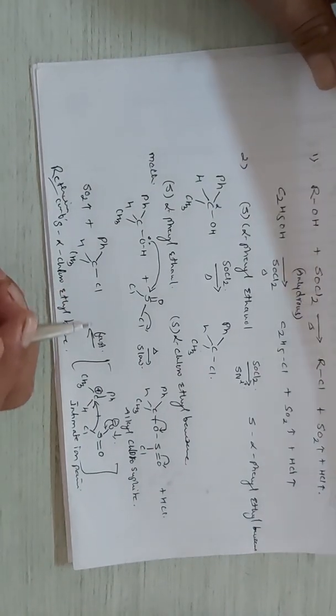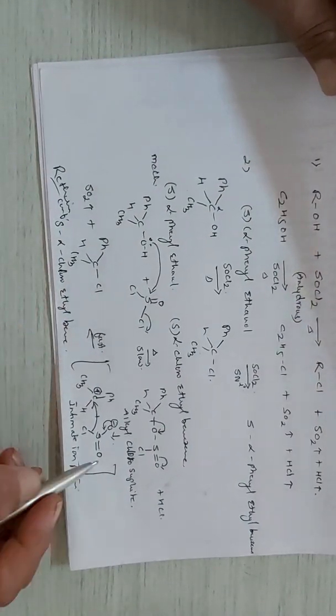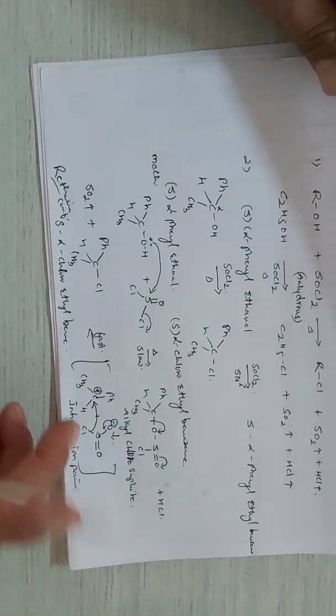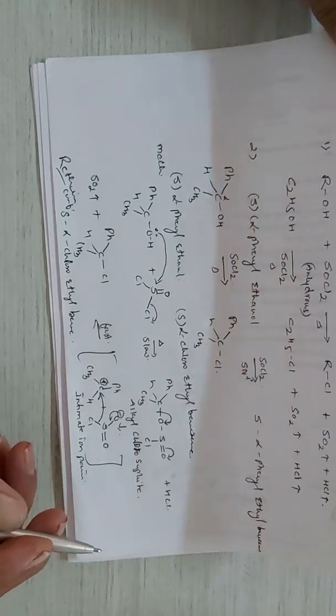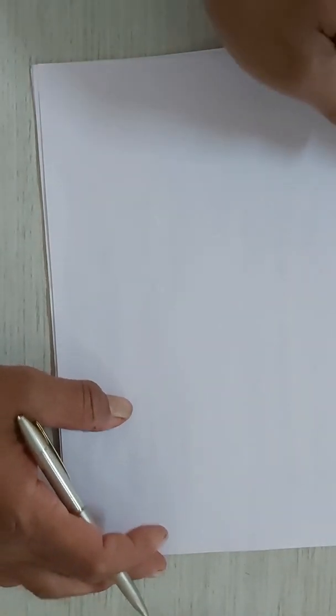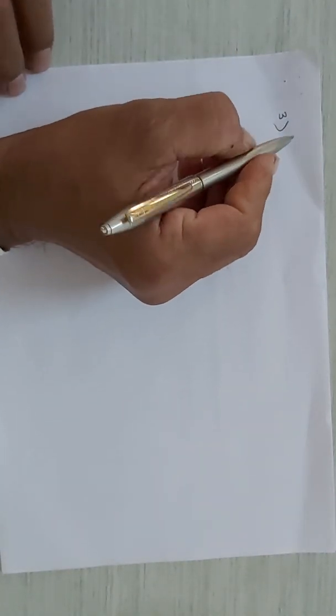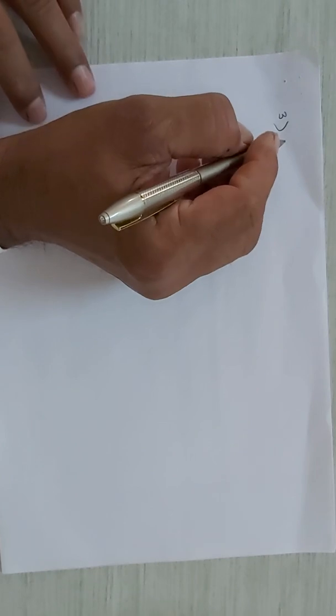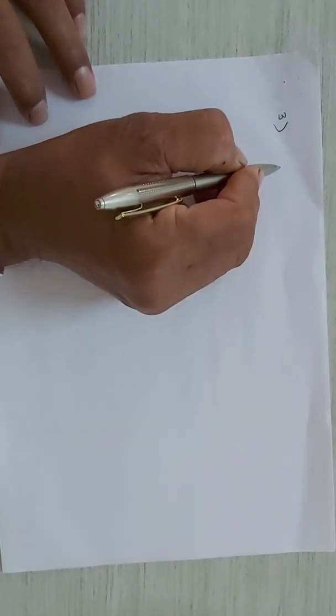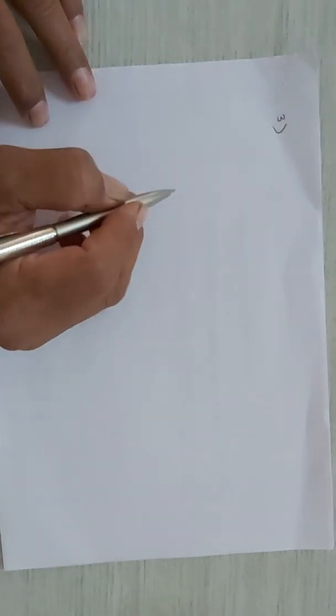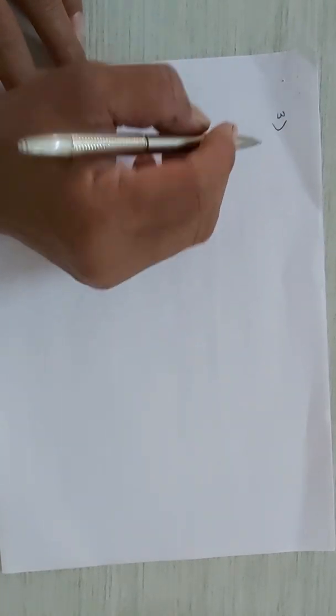As the intimate ion pair is formed, it immediately collapses and gives you the formation of the product. Now, how can we say whether this intimate ion pair is formed in the reaction or not? How can we prove this? For that, scientists have carried out a reaction which indicates the formation of the intimate ion pair.